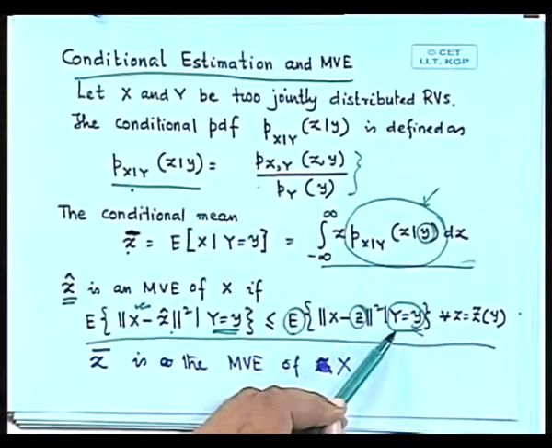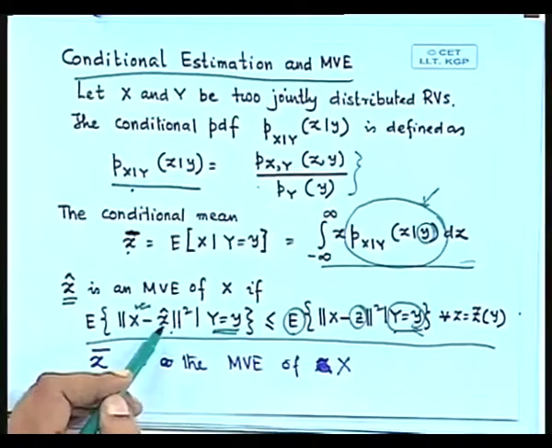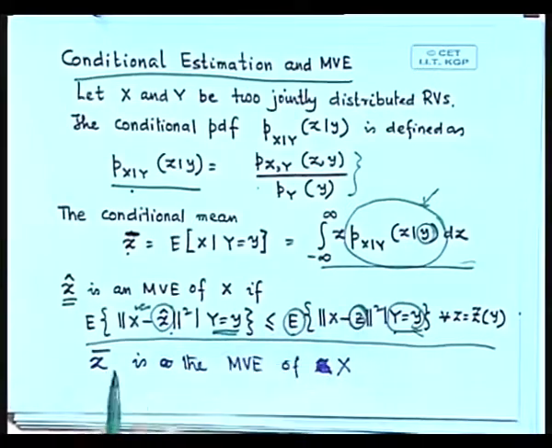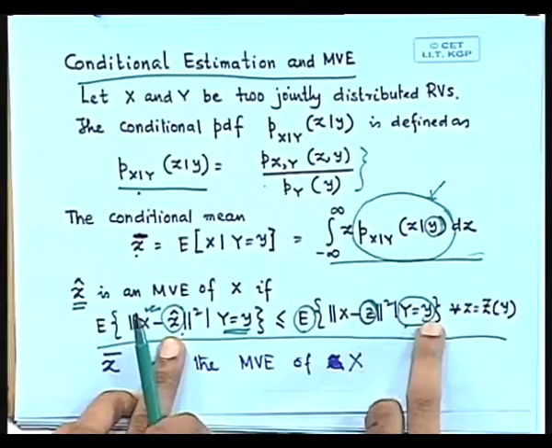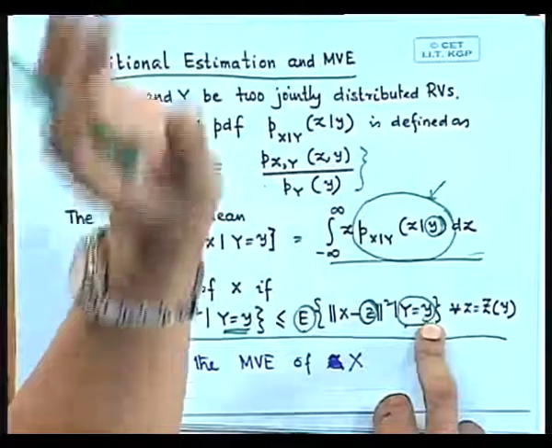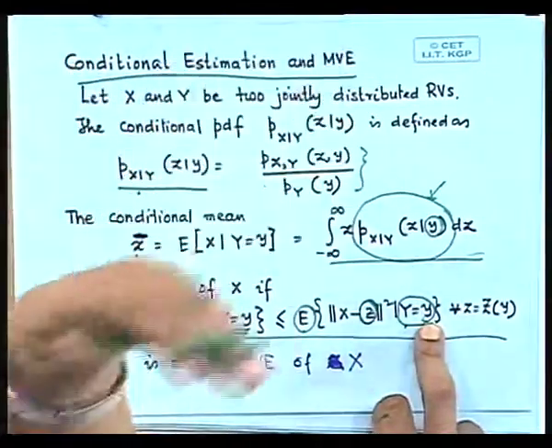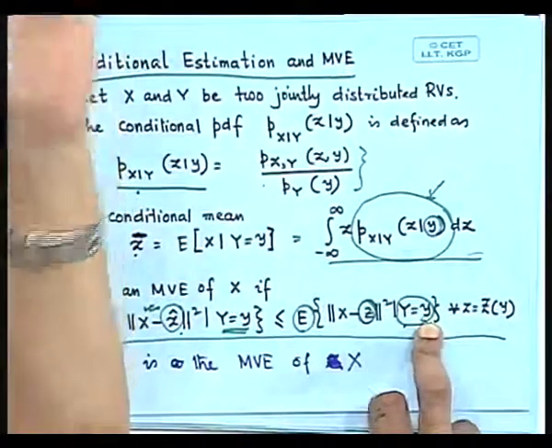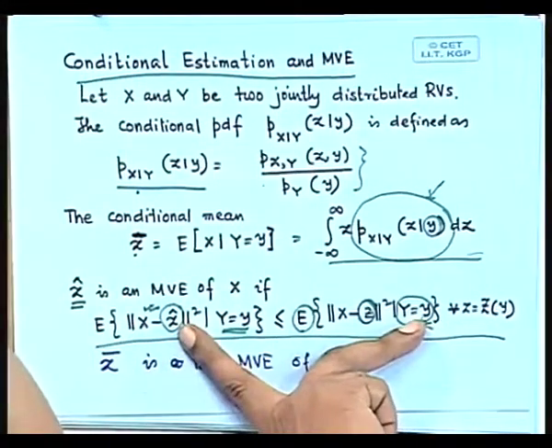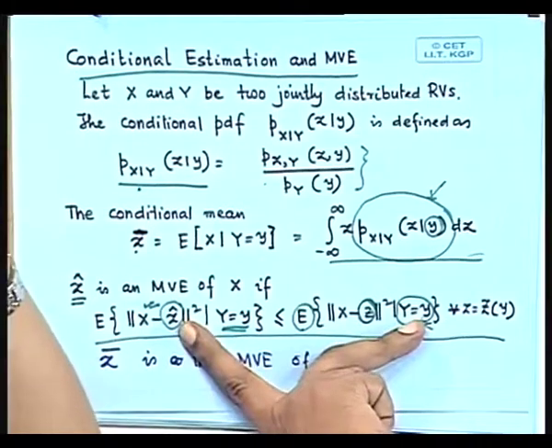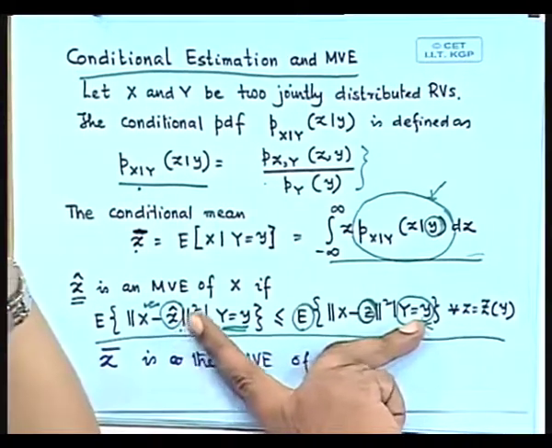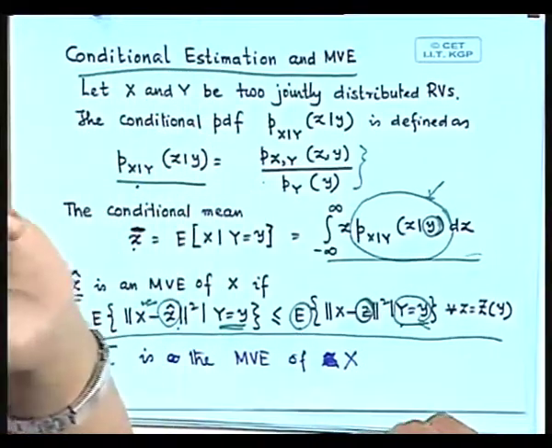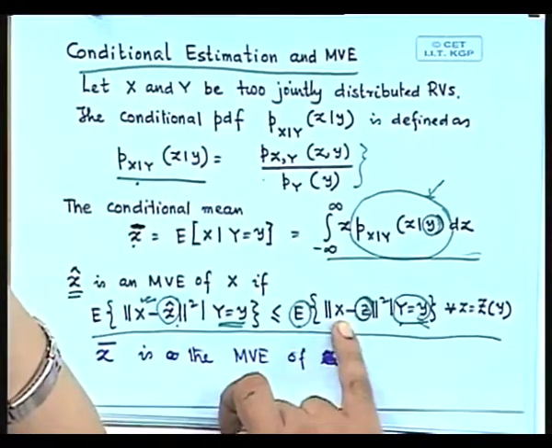Once it has taken a value, suppose one way is to choose x hat, another is to choose some other z. Now this x hat and z are basically functions of y. That is, given a y, you will have to define some rule by which you arrive either at x hat or at z. If you are given one value of y, you will calculate one value of x hat. If you are given another value of y, you will obviously calculate another value of x hat. So you will need a rule by which you can calculate x hat or z from y.